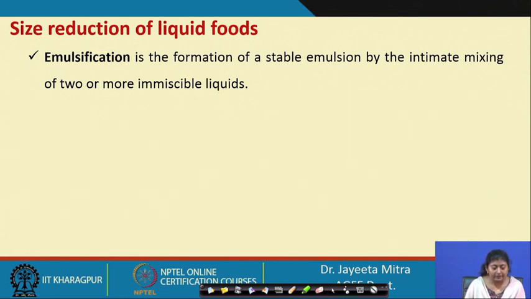In that, generally we do emulsification and homogenization. So, emulsification is the formation of a stable emulsion by the intimate mixing of two or more immiscible liquids. Okay. We call it an emulsion because there is a continuous phase and a dispersed phase.